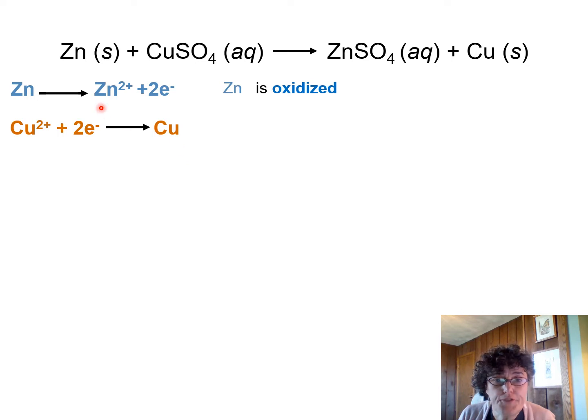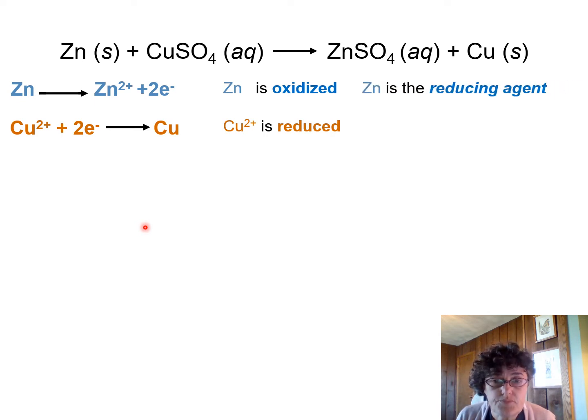So the first reaction is the oxidation. Zinc is oxidized, and in plain English we would normally say it's tarnished, or it's rusting, if it's iron. Copper, vice versa, is reduced. So zinc, because it's oxidized, is causing the reduction of copper.